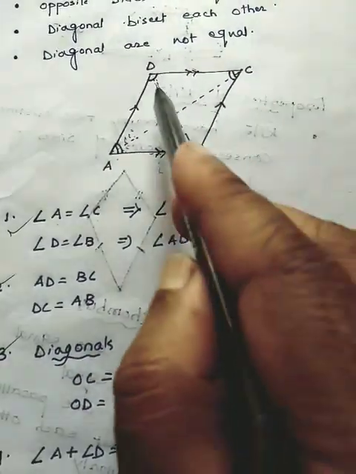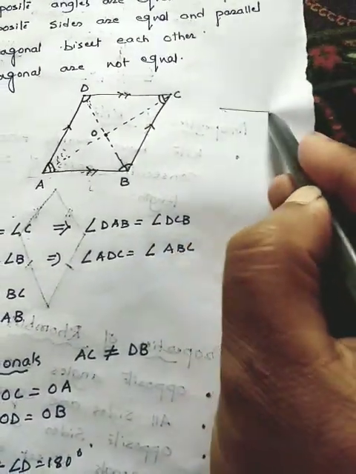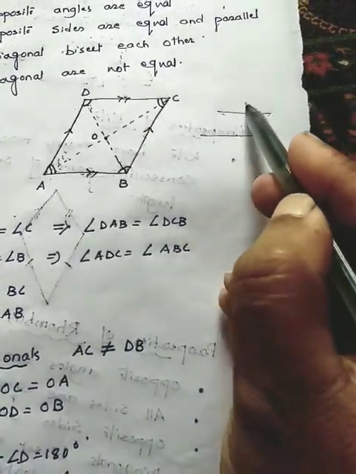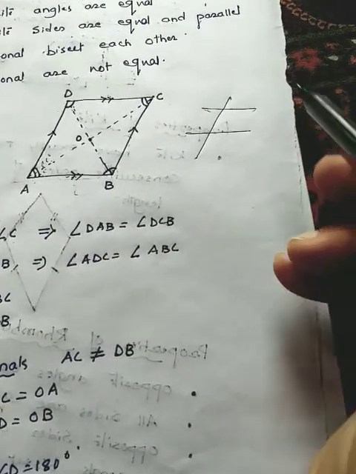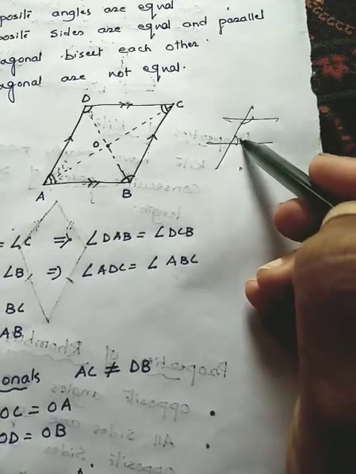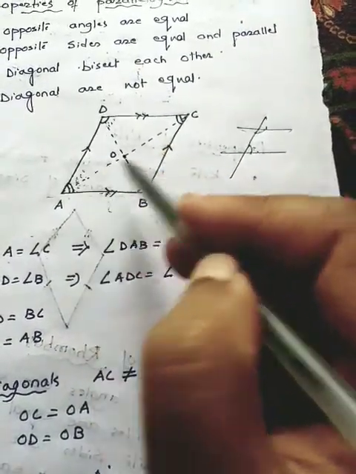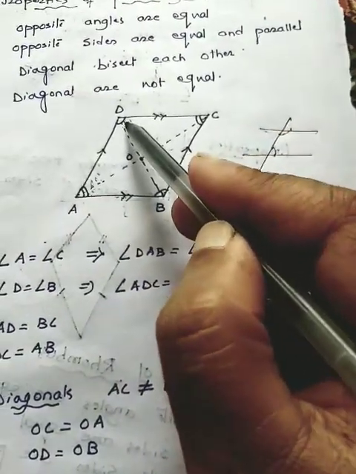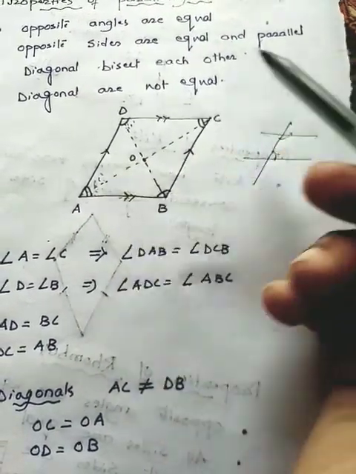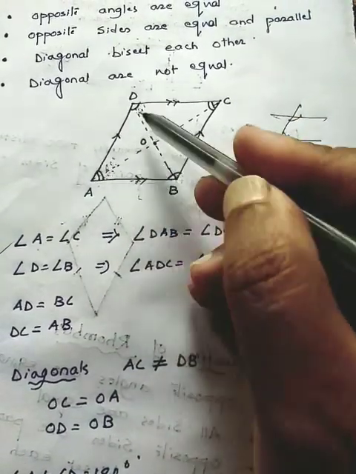Suppose these are the parallel lines and this is the transversal line. These two angles were co-interior angles, isn't it? In the same way, these two angles share the same property. So we can say these two angles are co-interior, or adjacent to each other.